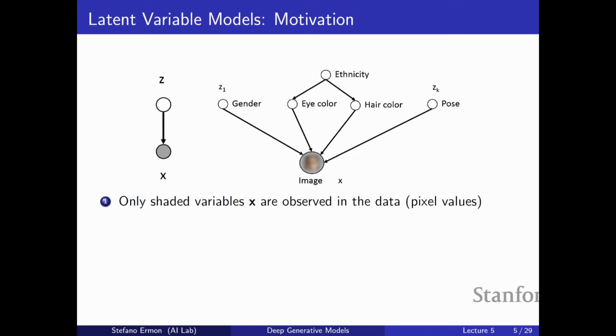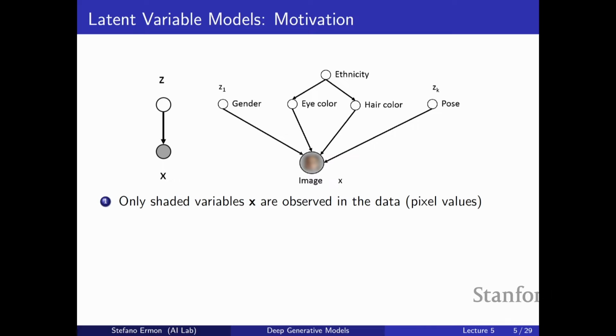So at a high level, trying to formalize this intuition a little bit, what we want to do is have a joint probability distribution between the x, which are all the pixel values that we have in an image, and these latent variables z. Here I'm showing the x shaded, meaning that it's observed, and the z variables are white, not shaded, because for every data point we don't have annotations for the corresponding latent variables.